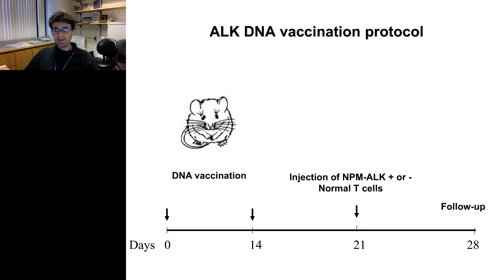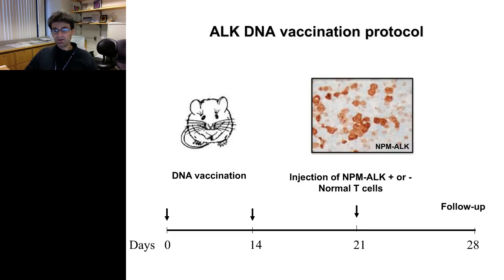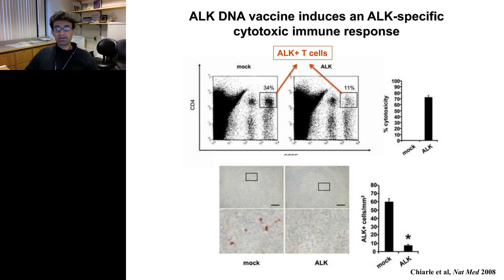After another week, so you allow the time to build up a strong immune response, you can challenge the mice with ALK-positive cancer cells, and the results were pretty positive, in the sense that we could show that by DNA vaccination, first of all, we were developing a very strong ALK-specific immune response.